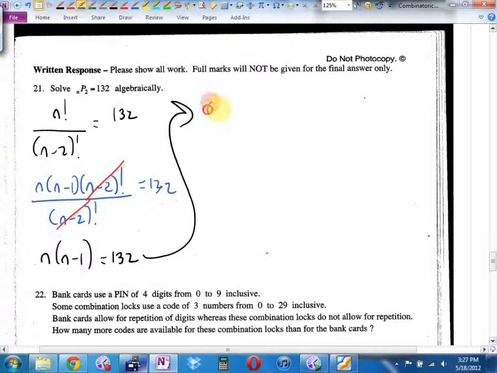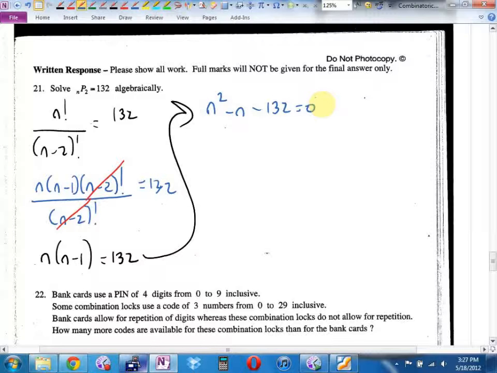I get n squared minus n minus 132 equals 0. What kind of an equation is it? Quadratic. How do I know? It's got a square. Make it equal to 0? Already did. Will it factor?